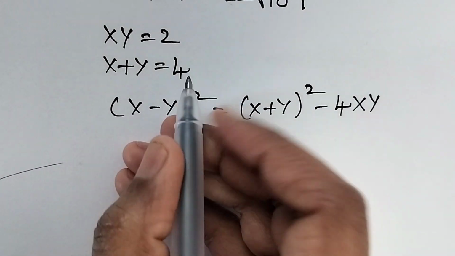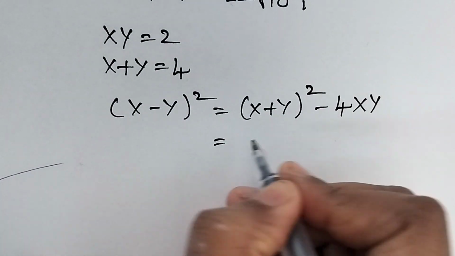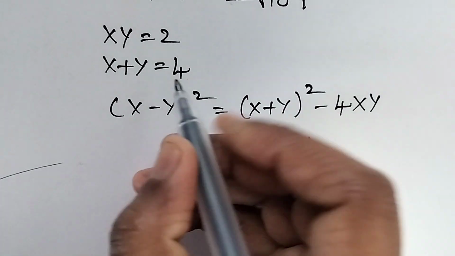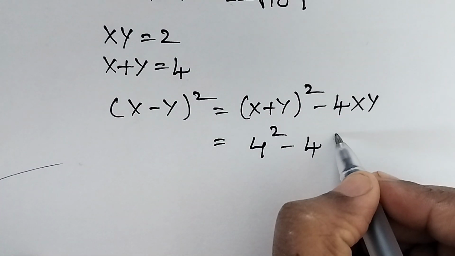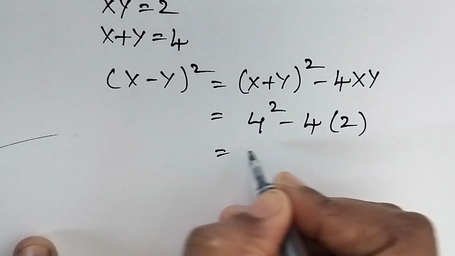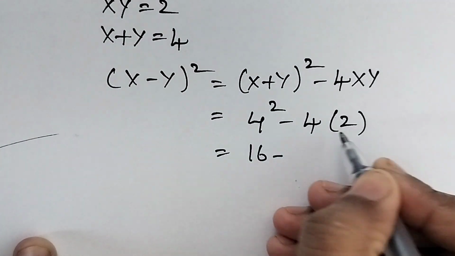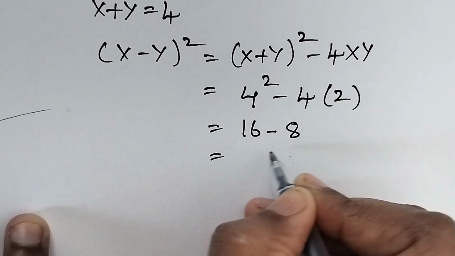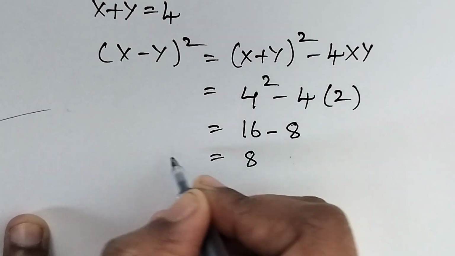So x plus y is 4, square minus 4 times xy, and the xy value is 2. So 4 squared, which is equal to 16, minus 4 times 2, which is equal to 8. So 16 minus 8 is equal to 8.